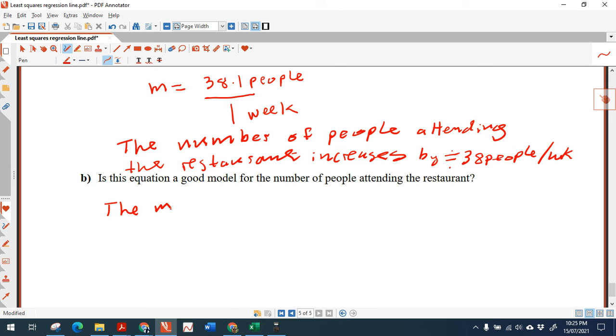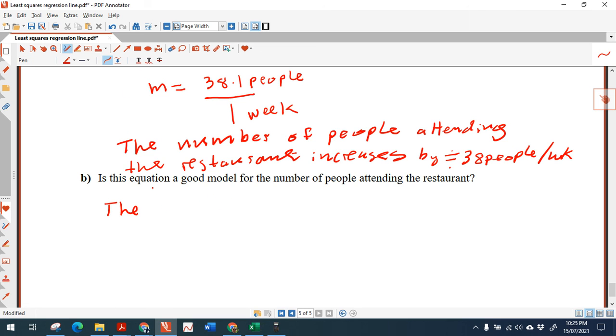Okay. I'd say the model is good, right? I say no, you should probably say the equation is a good model. Okay, I'll change it up.